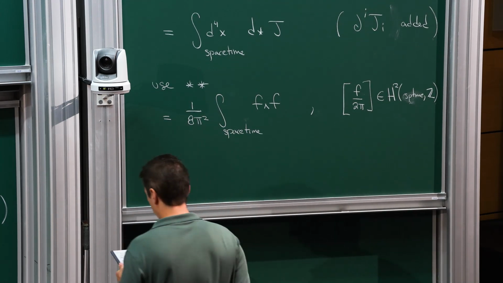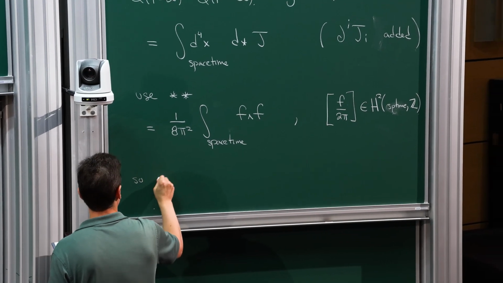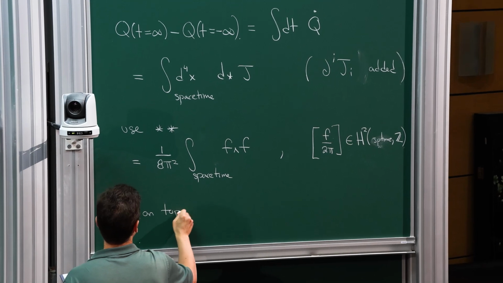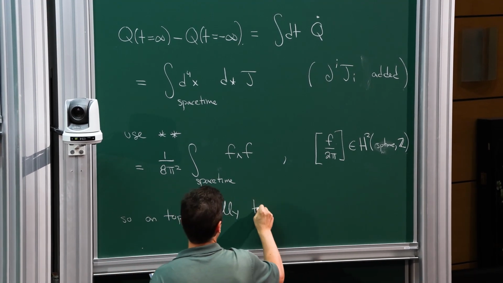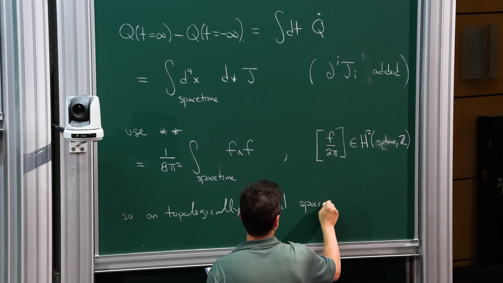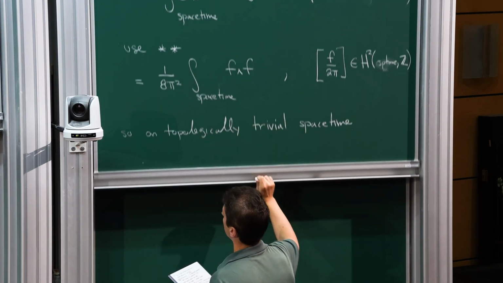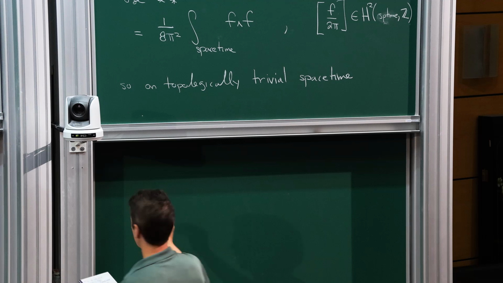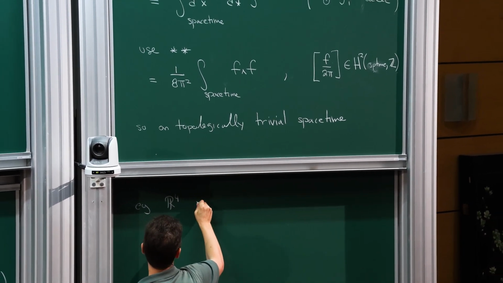Now, if we're on a topologically trivial space-time, for instance, we could be considering our R4, which we regulate.